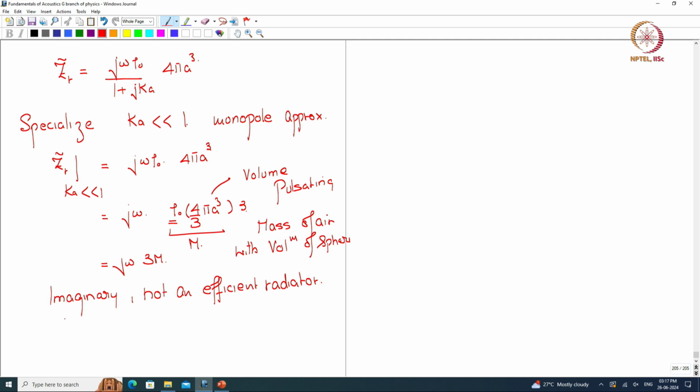And to this little sphere, how does the rest of the medium look like? It looks like a mass, or 3 times the mass. Mass of what? Mass of air with the volume of the sphere.